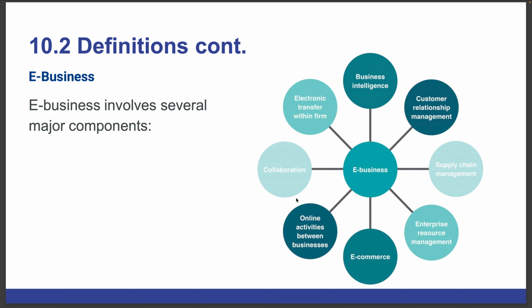E-business also involves supply chain management. Supply chain management, on one hand, is the acquisition of the raw material, and on the other end is the end consumer who is going to consume the products and services. In between, the value add happens through the supply chain.